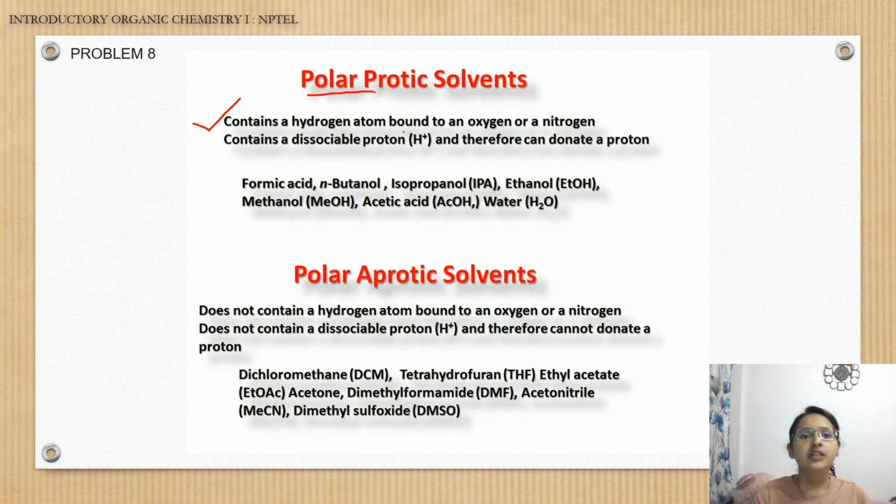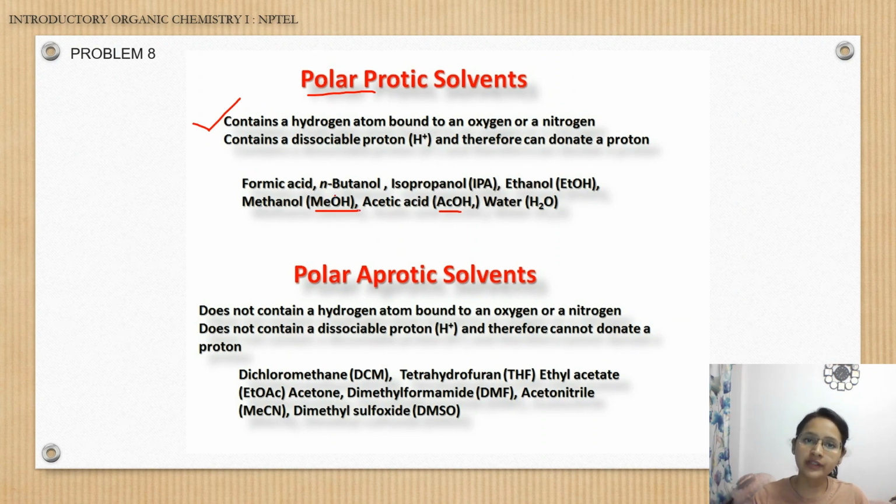Yeah, thank you. So here, polar protic solvents are the solvents that contain a hydrogen atom bound to an oxygen or a nitrogen, right? That contain a dissociable proton. So here, these are some polar protic solvents. Acetic acid, when you dissolve it, would give you an ionizable proton, that is H plus, in the medium.